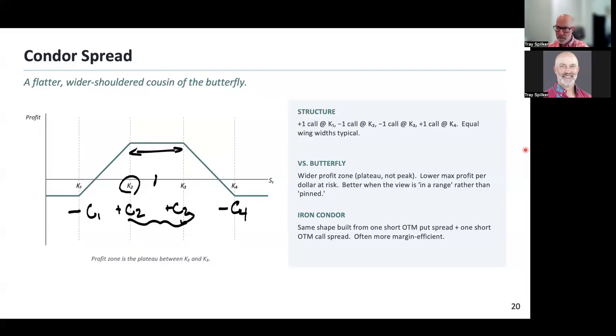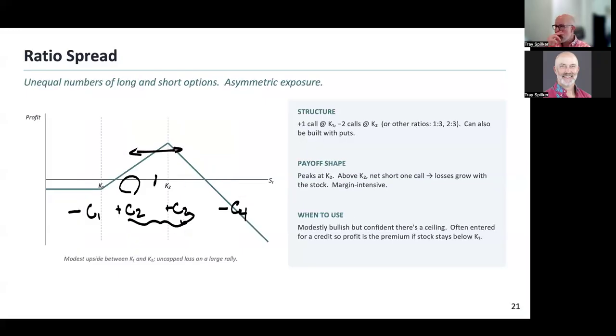Our next one here, just to give you a sense of how many different pictures you can draw with option strategies, is a ratio spread. Essentially, you're taking a long position in a call option at K1, and that would cost you C1.